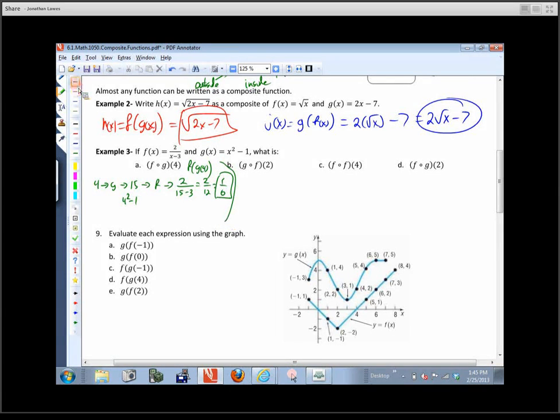We want to figure out what g of f of 2 is. Again, if you need to, write it this way, g of f of 2. We start with a 2. What do we plug it into? Plug it into f. So if I take 2 and plug it into f, f of 2 is?